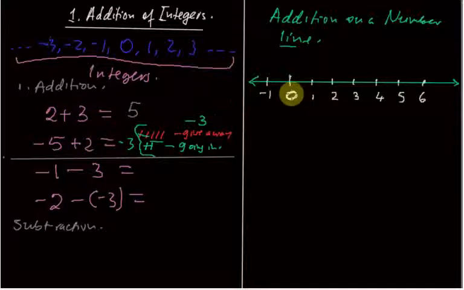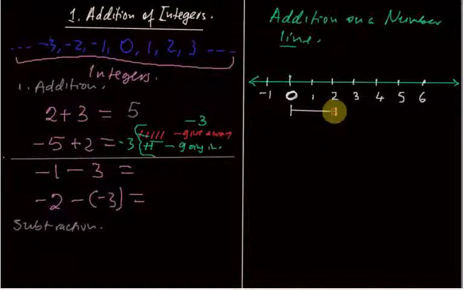So I start my journey from here. I go 2 steps where? To the positive direction, because this 2 is positive. So this is my starting point, and my 2 steps are going to end there. I draw a line to show that I have gone 2 steps. So this is what I mean by 2.